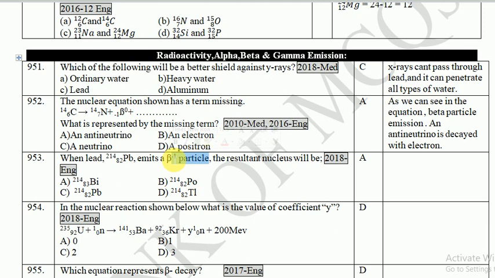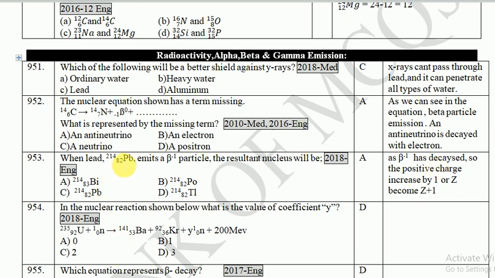When an atom loses a negative charge, its positive charge increases by 1, so Z becomes Z plus 1.